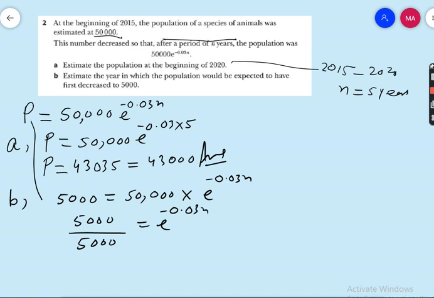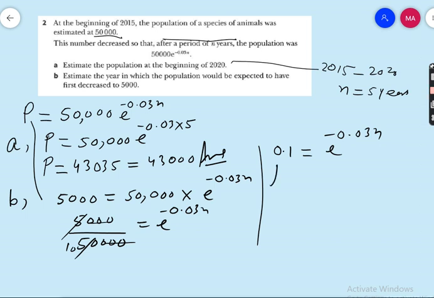This is 50,000, I am sorry. So these zeros cancel by these zeros. 5 ones are 5, 5 tens are 50. 1 upon 10 can be written as 0.1, which is equal to e power minus 0.03n. Because we need to find the value of n, we have to take ln on both sides in order to cancel e.